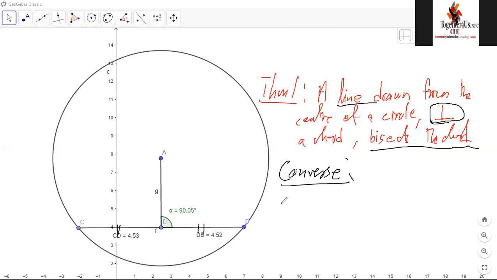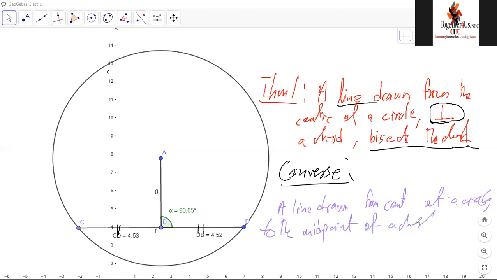It will then say, well, a line drawn from the center of a circle to the midpoint of a chord, so that thing D here is a midpoint, is perpendicular to the chord.